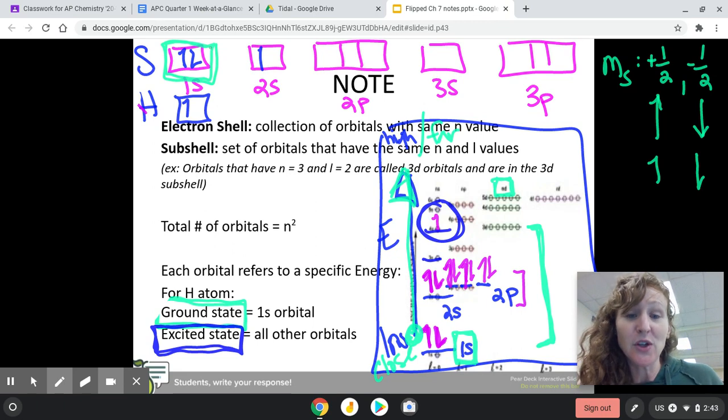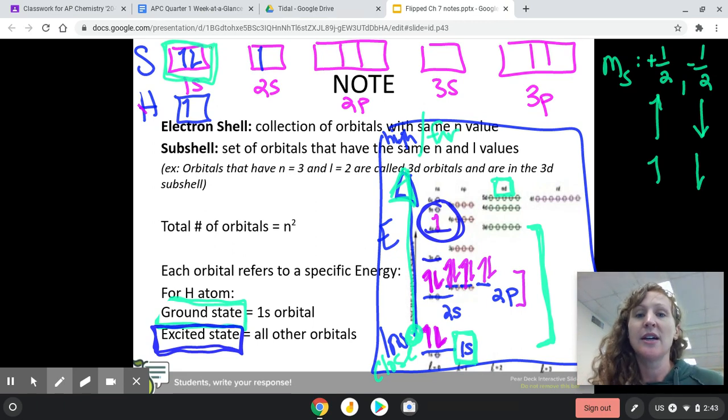Electron spin affects other things too. We'll talk about later on, once we go through bonding, how electron spin affects magnetism, and we'll look at some examples of those as well. At this point in time, you should have all the rules for filling electrons into orbitals.